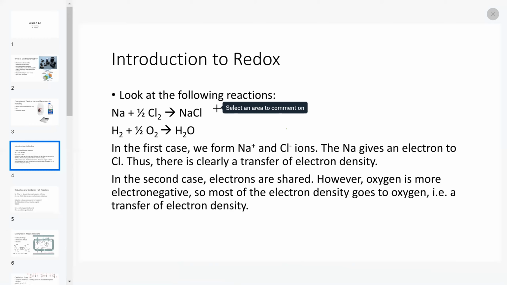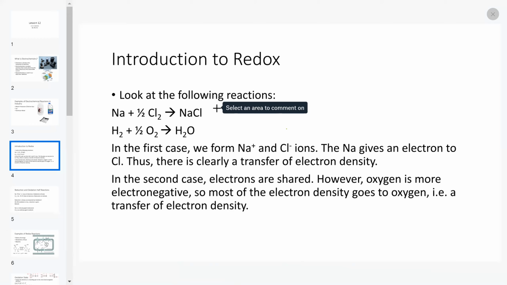However, in the second case, our hydrogen reacting with oxygen, we form a water molecule. And remember, a water molecule has covalent bonds, so electrons are actually being shared in that case. So the transfer of electron density isn't really super obvious.